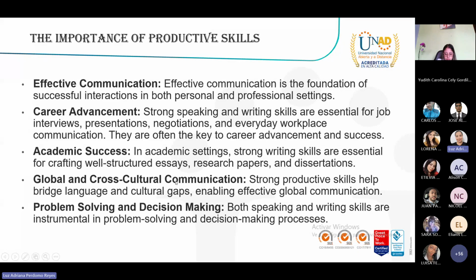They're often the key to career advancement and success. Academic success: in academic settings, strong writing skills are essential at the time of writing essays, research papers, and dissertations.